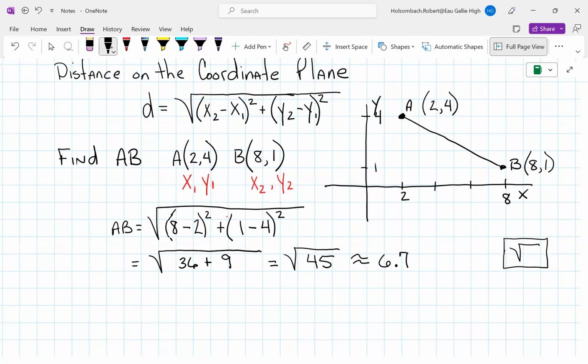All right, so the square root of 45 is the exact distance. 6.7 is an approximate distance. Any questions on that portion of the distance formula?